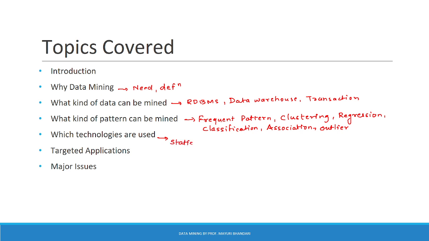Statistics, then machine learning, information retrieval, database systems and data warehouses. These are some of the technologies that are used. Many more technologies are there, right?